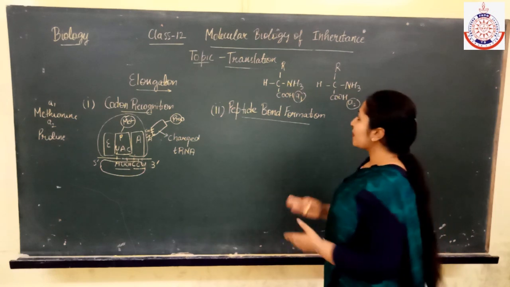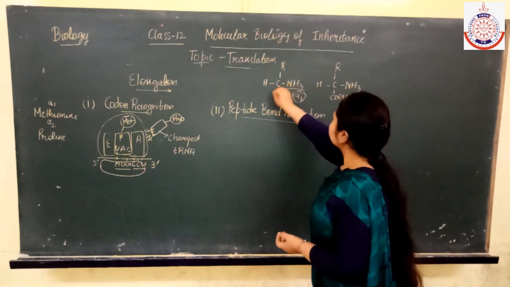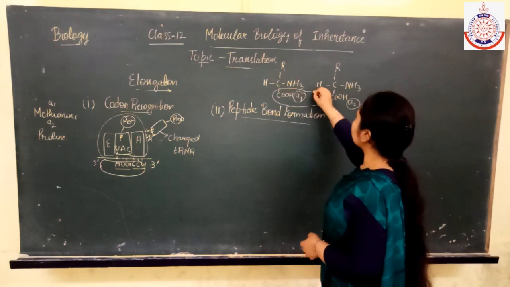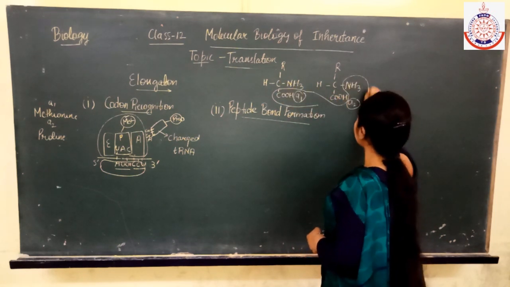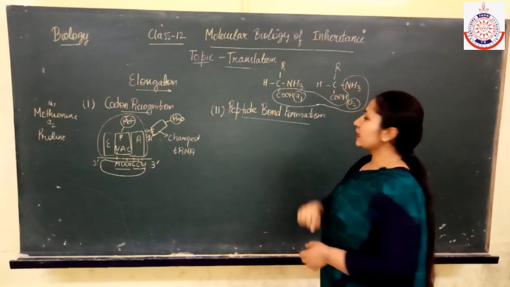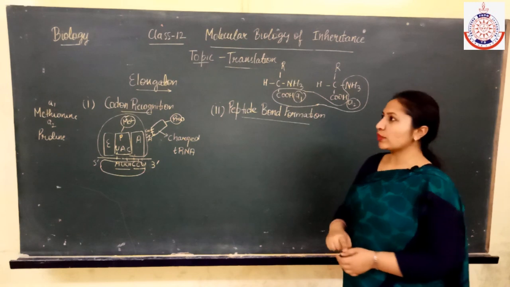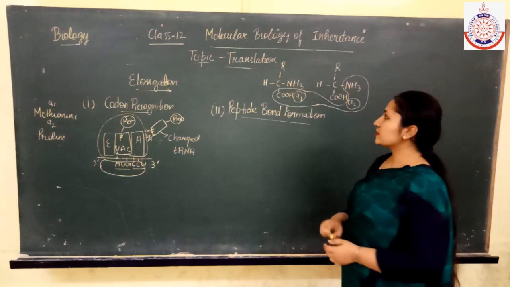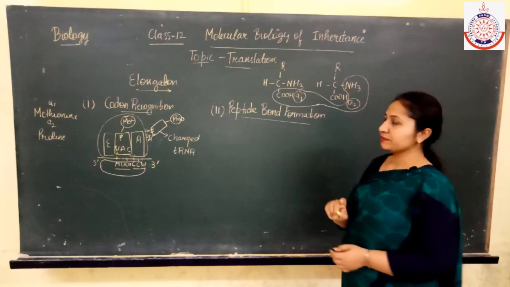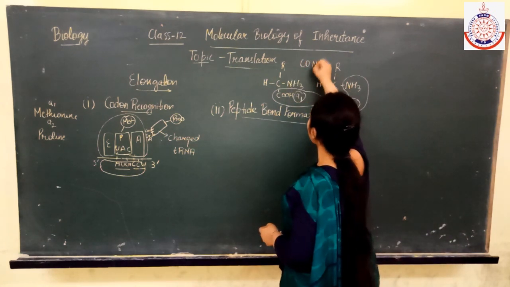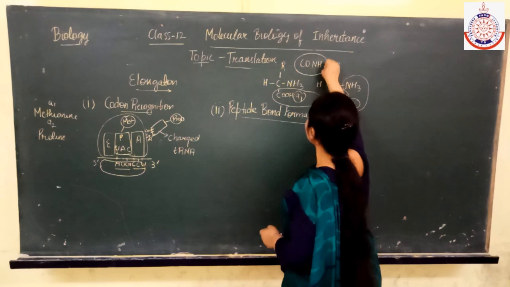The peptide bond forms between the COOH group of the first amino acid and the NH3 group of the second amino acid. The peptide bond is represented by CONH. This is the peptide bond.